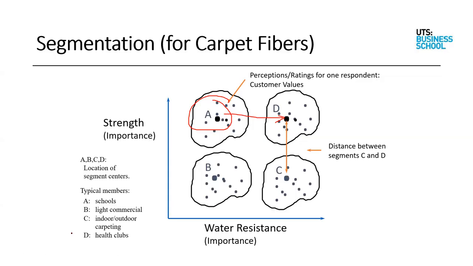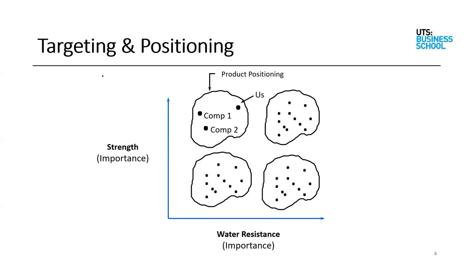right? Perception mapping. So once the brand has identified the segments, it's important to select a particular segment for targeting, to look at the competitors, the number of competitors in the segment, to see how the brand fares relative to those competitors, and whether a particular segment is worth targeting, whether it'll result in the return on investment that the brand plans to invest in reaching out to the consumers.